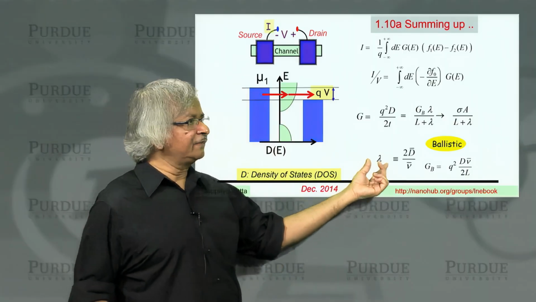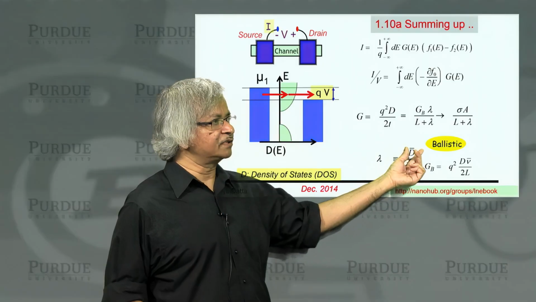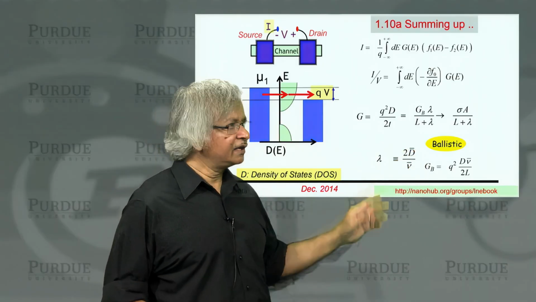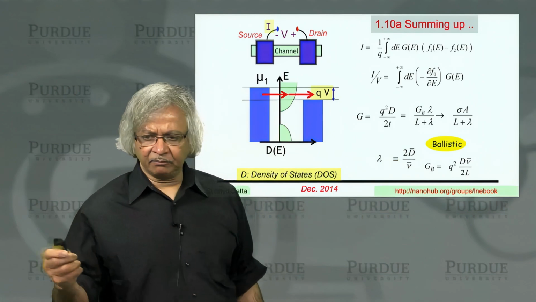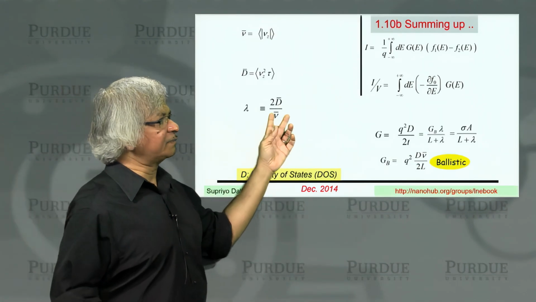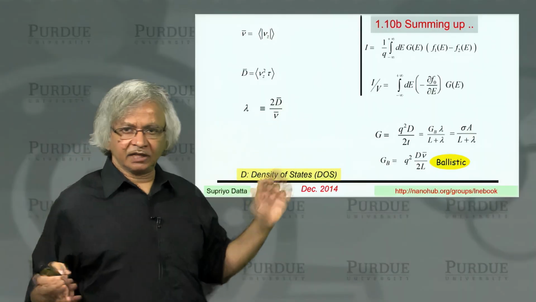And this lambda here we defined as 2 times the diffusion coefficient divided by the average velocity. And then we went ahead, and probably it was in lecture 8 that we obtained an expression for this lambda in terms of this velocity and time.